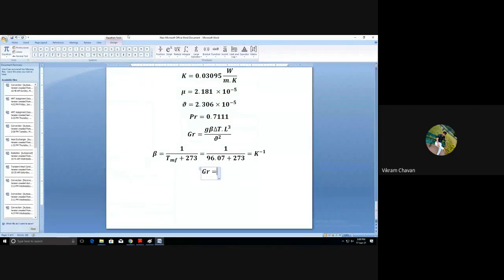Gr is equal to 9.81, multiplied by the beta value. How much are you getting for beta? Please let me know. Beta is 1 divided by 96.07 plus 273. Please tell me the beta value.